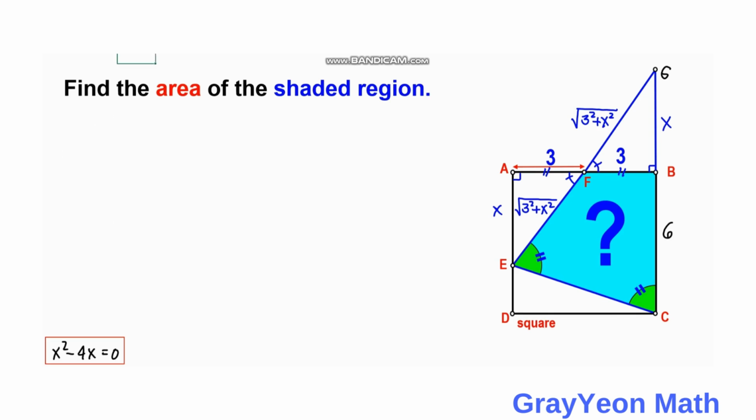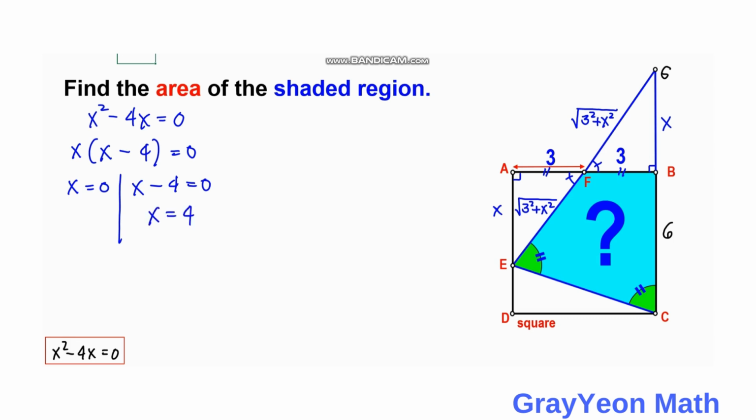We factor out the x, so x times x minus 4 is equal to 0. So x is equal to 0 for the first instance, and the other is x minus 4 equals 0, so x is equal to 4. We are going to use only this positive 4 because there is no 0 distance. So the 0 is invalid, and the only valid one is x equals 4.